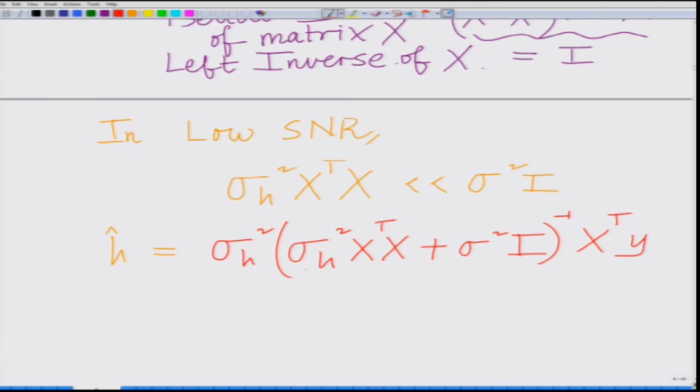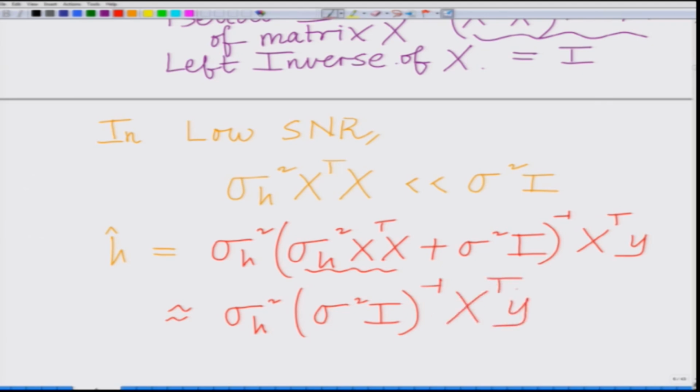We are saying this is very small, much smaller compared to sigma square identity, therefore, this can be approximated as sigma h square times sigma square identity inverse x transpose y bar.